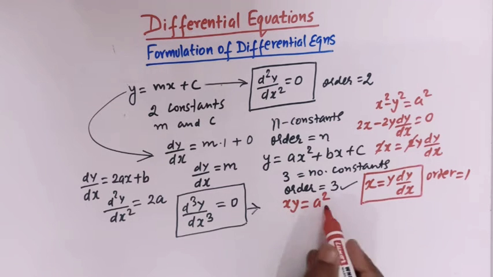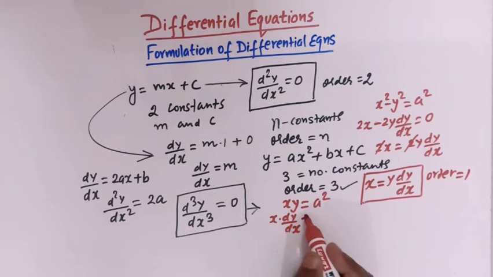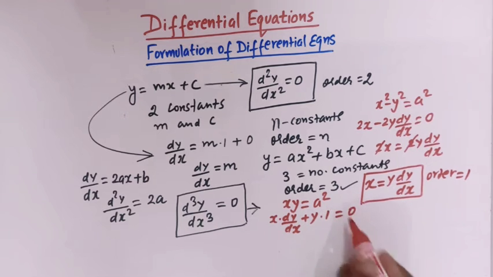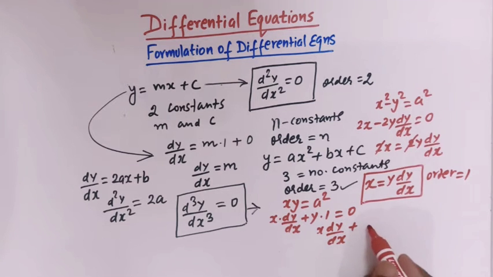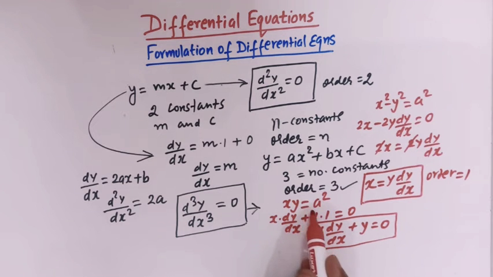So let us differentiate both sides with respect to x. Here we will apply the product rule. So we have x times dy over dx plus y times 1 is equal to 0. So we have x dy over dx plus y is equal to 0. So this is the differential equation corresponding to this family of curves.